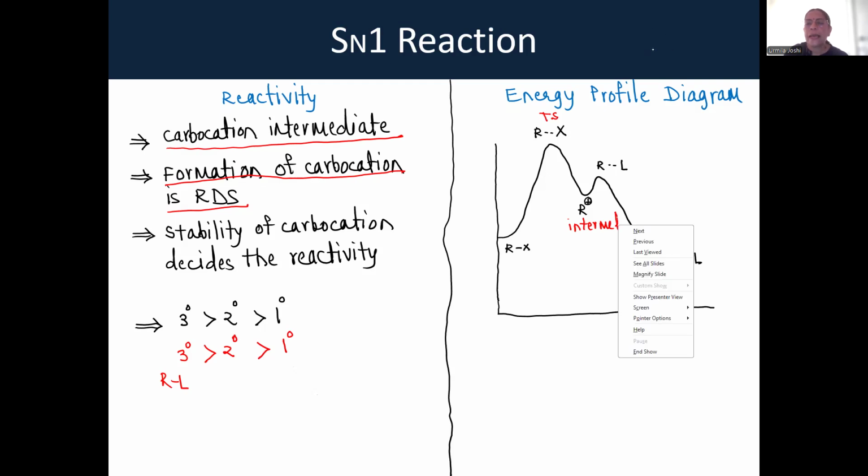This then undergoes another transition state where the bond is partially formed. This is TS1, this is TS2, and then it leads to the product. This product here I have shown as RL, but you can take it as ROH.